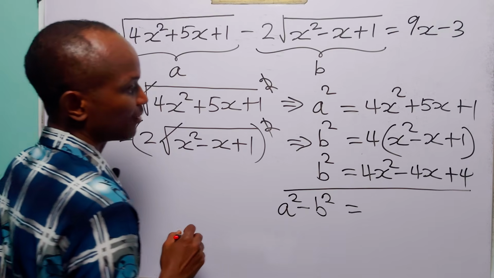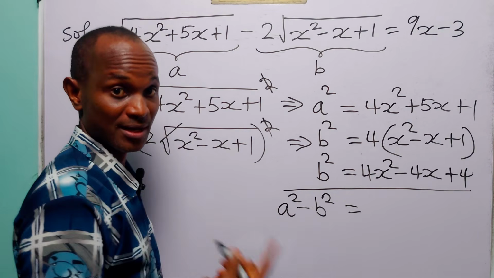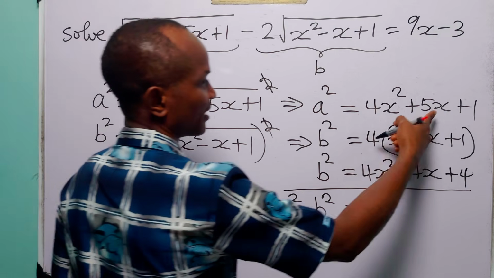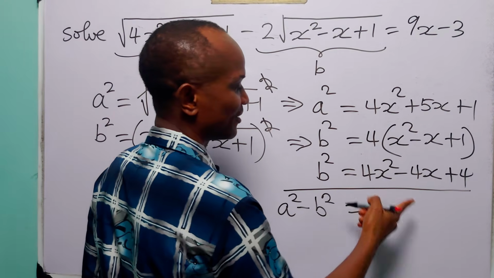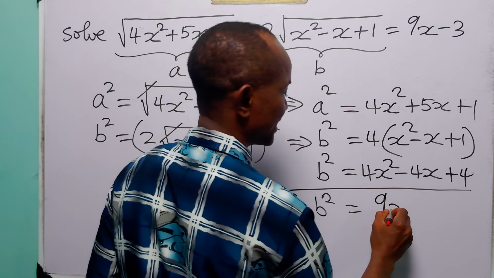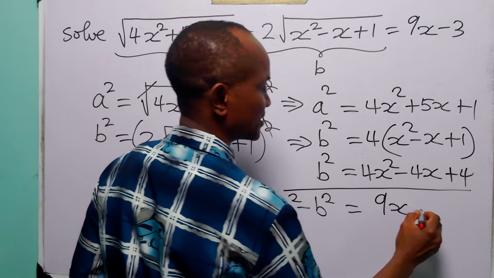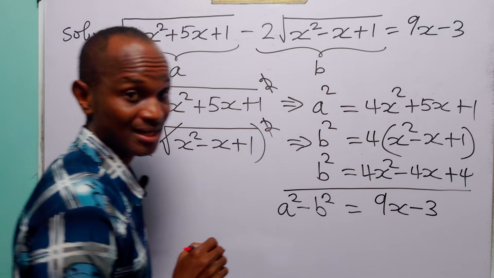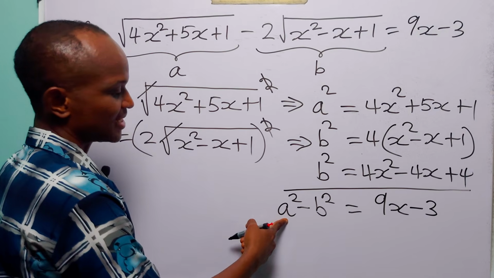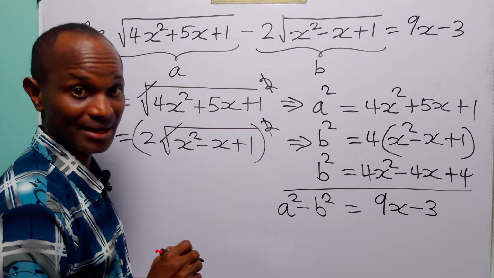And this is going to be equal to 4x squared minus 4x squared, which is 0. 5x minus 4x, that is going to give us 9x. And 1 minus 4 is going to give us minus 3. So now we have that a squared minus b squared is equal to 9x minus 3.